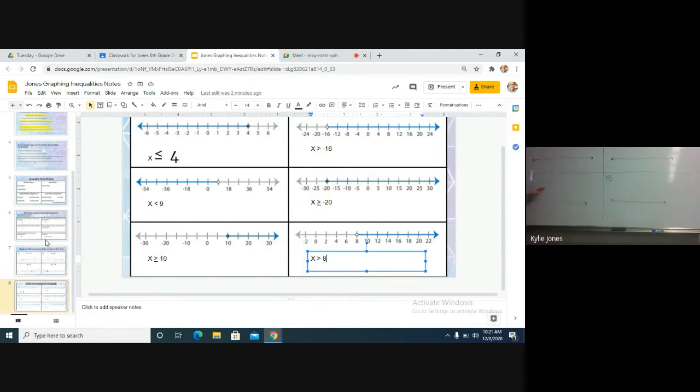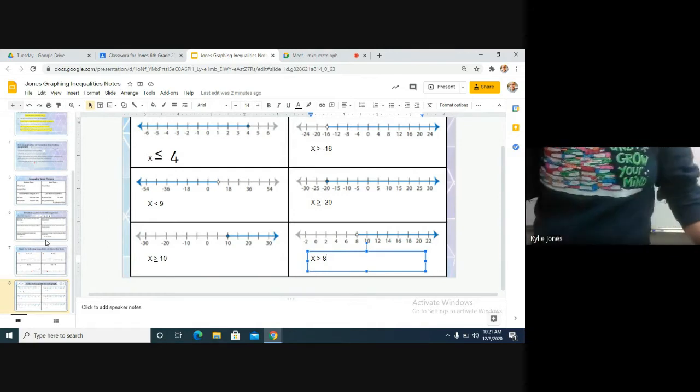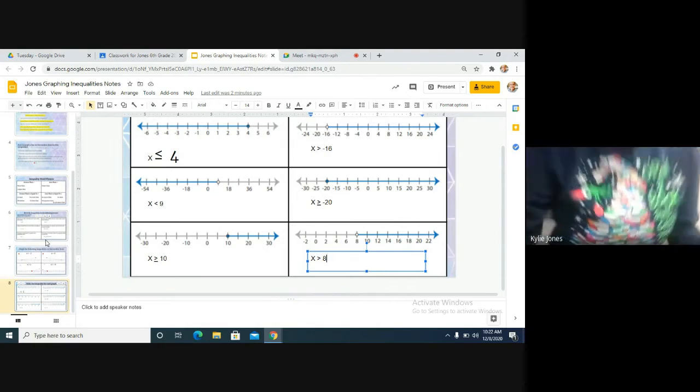Okay, you guys should be graphing some and writing the inequalities. So if you want to split your desks or your papers into 4, or you can just go 1, 2, 3, 4, that's fine. I am going to rearrange the setup so that the people online can see this.